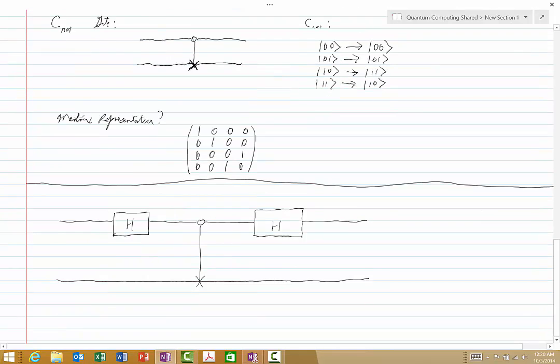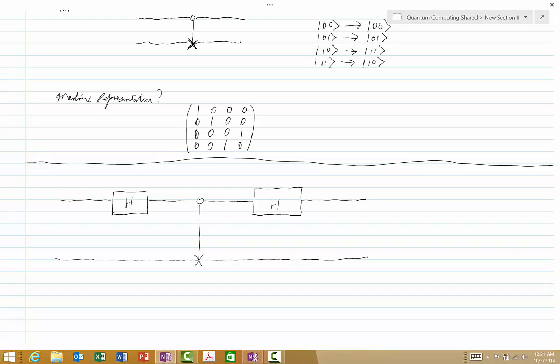The book says that this circuit, and by the way, this is on page 80, the book claims that this circuit will take the 0 ket to 1/2 of 00 plus 10 plus 01 minus 11.